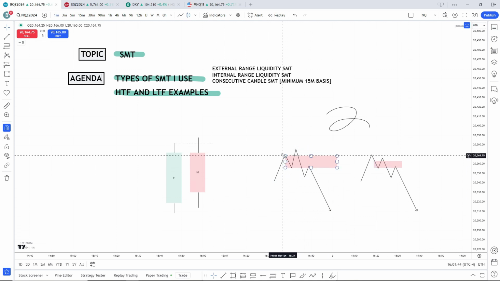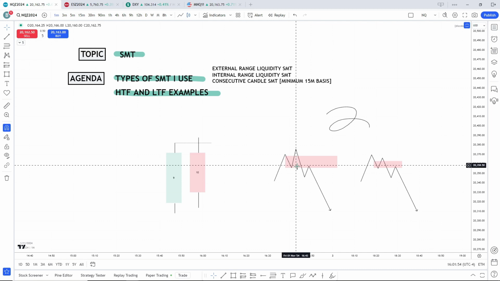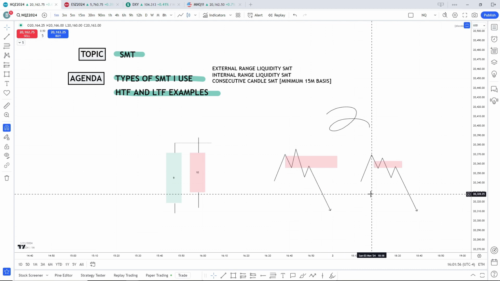this is ES. This high printed at, say, 9:45, and this high printed at 10 o'clock, and then this high on ES printed at 9:45 and then at 10 o'clock.